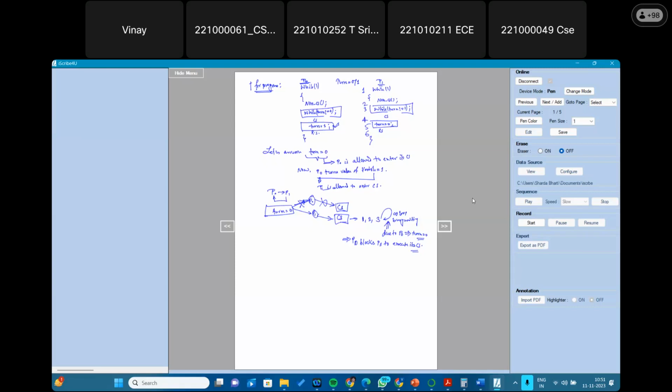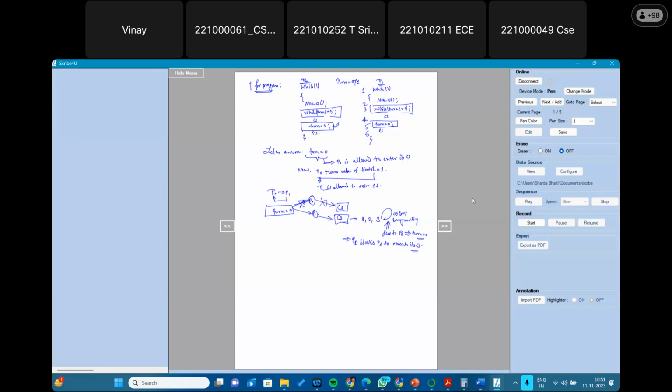Means algorithm 1 does not make sure progress will be achieved. Okay, so progress is not achieved due to some algorithmic issue, and we will rectify in the next algorithm how this problem will be solved.